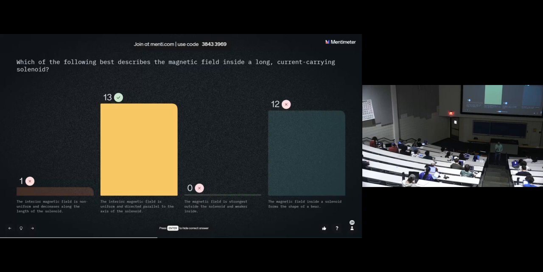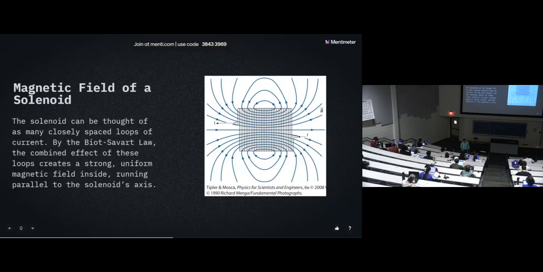Little n is the number of turns you get per length along the axis of the solenoid. So the interior magnetic field is uniform and directed parallel to the axis of the solenoid. The solenoid can be thought of as many closely spaced loops of current. By the Biot-Savart law, the combined effect of these loops creates a strong, uniform magnetic field inside running parallel to the solenoid's axis.